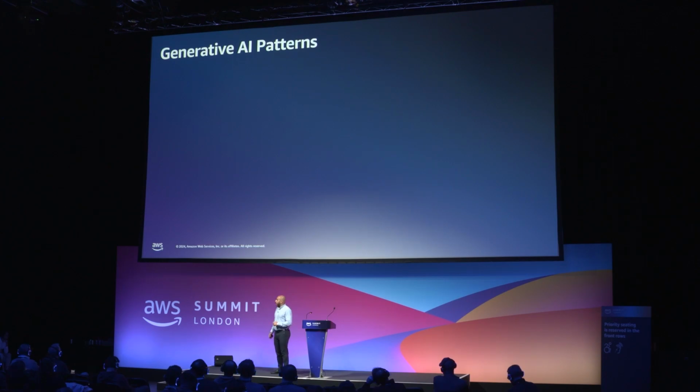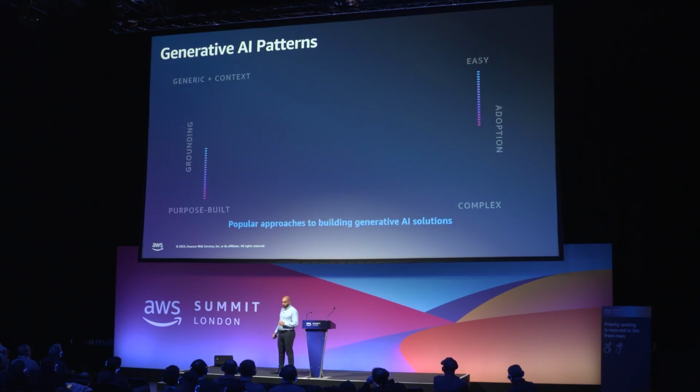So, a lot of organizations want to actually implement these use cases and they want to build them out. There are some difficulties with building out Gen AI applications, so we're going to guide you through some patterns that we see across the organizations that we work with so that you can select the pattern that fits your use case. Now, there are three patterns we're going to be talking about, and we're going to assess them across two dimensions.